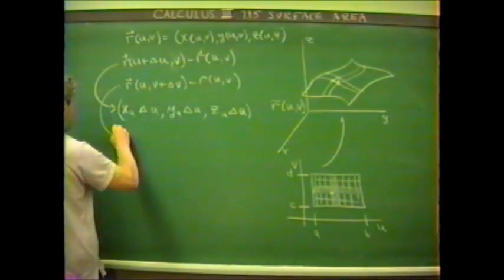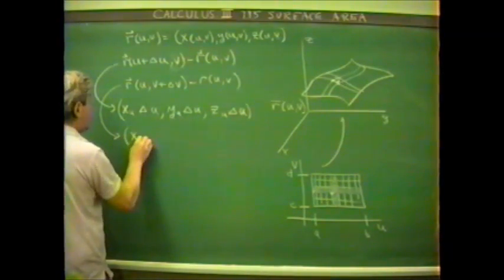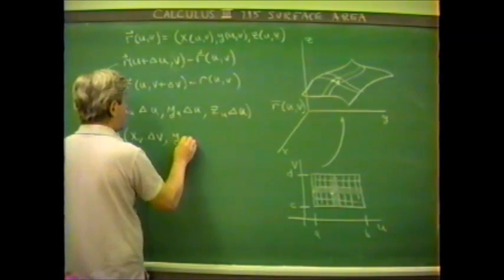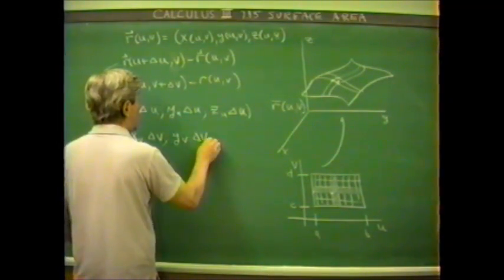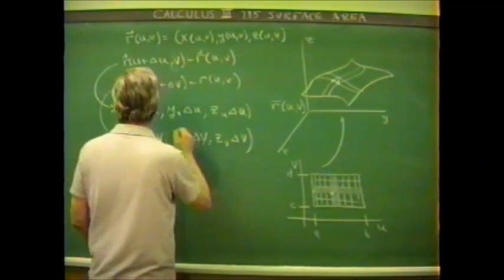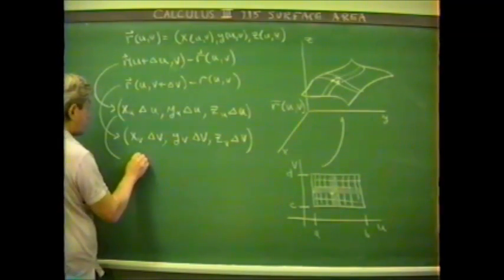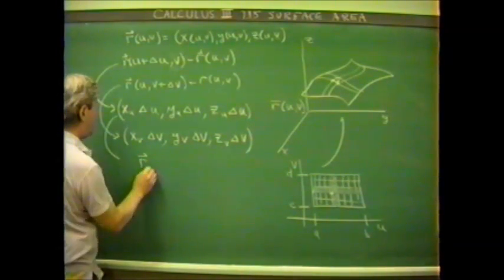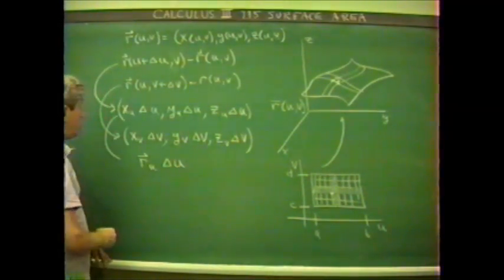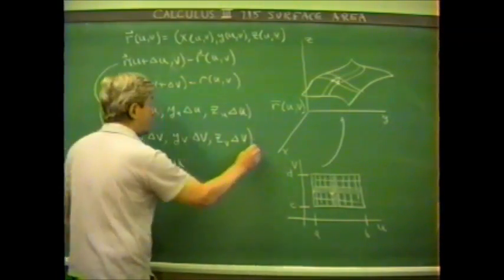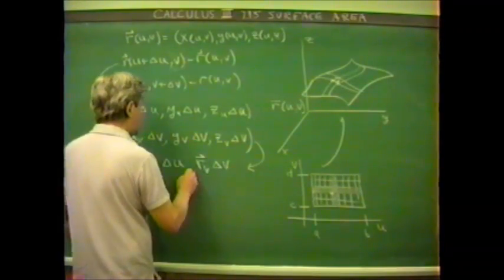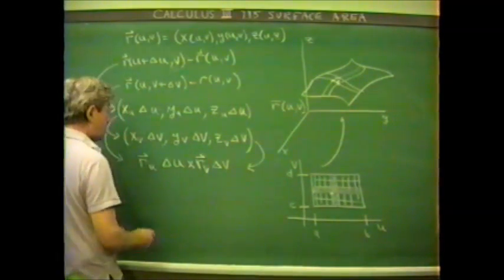And this vector right here is approximately equal to partial of x with respect to v, delta v, partial of y with respect to v, delta v, partial of z with respect to v, delta v. We're going to denote this first one here as partial of r with respect to u, delta u. The second one we're going to denote by partial of r with respect to v, delta v.